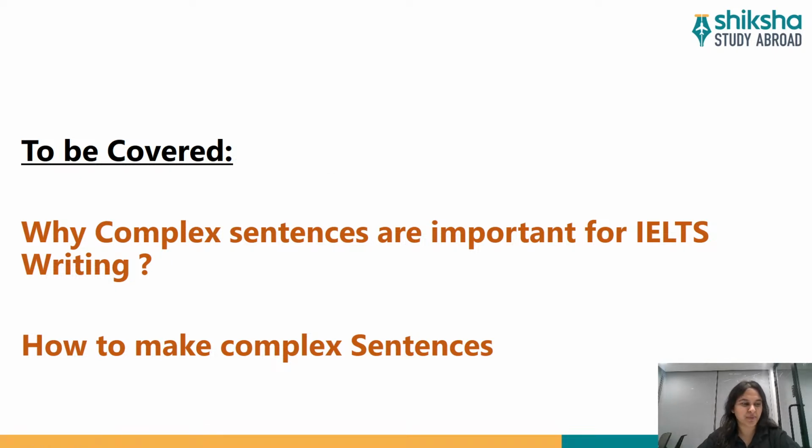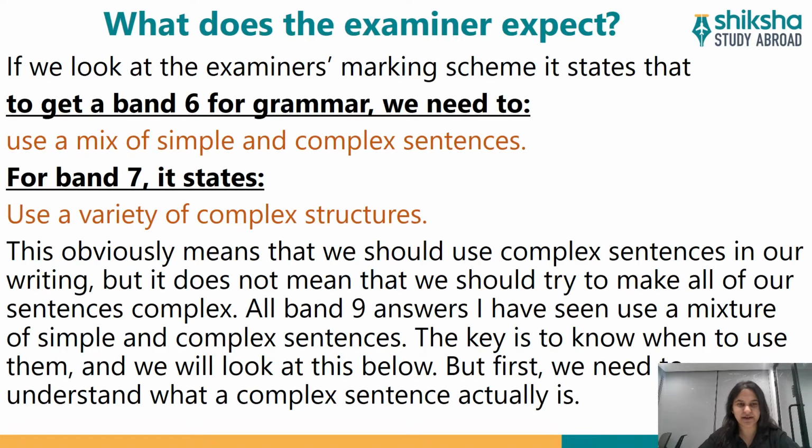And while you comment your names and places down in the comment section, let me take you through another slide which says, what does the examiner expect? You can see here, what does the examiner expect means we are talking about the expectation of the examiner. If we look at the examiner's marking scheme, it states that to get a band 6 for grammar, we need to use a mix of simple and complex sentences.